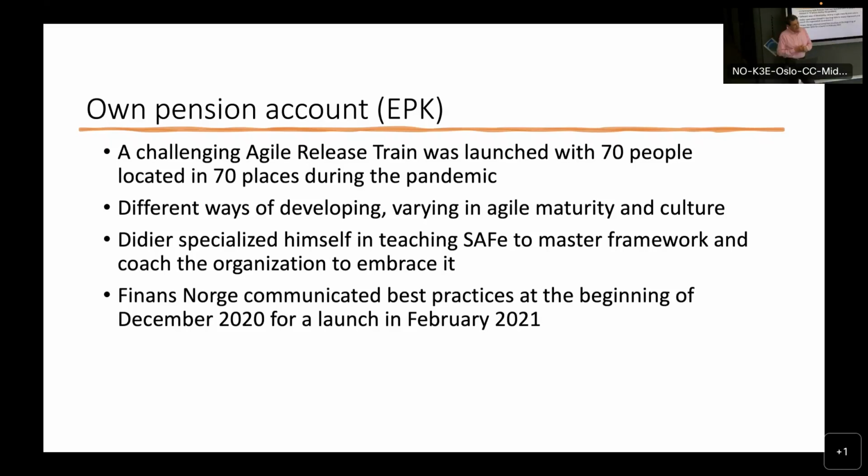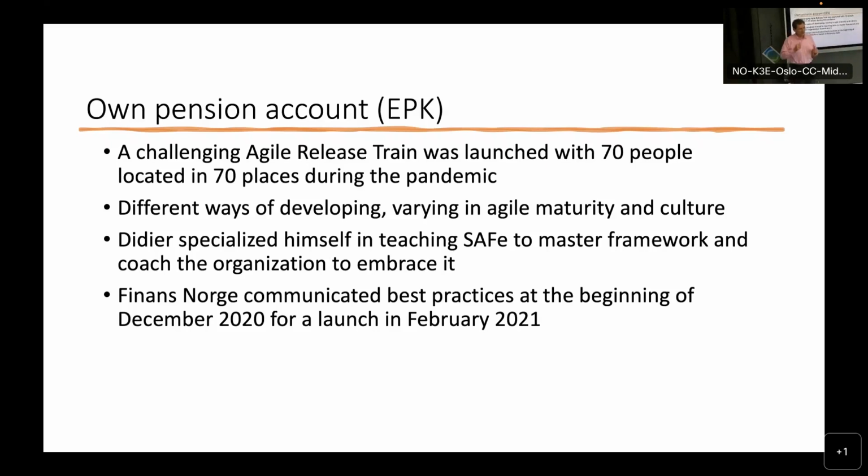Finance Norge came and said, you should use the best practices in investment, because it's only to explain how finance works. Pension is not under the same law as investment. Investment is regulated by what is called MiFID, and MiFID is strong regulation. Pension has less regulation.